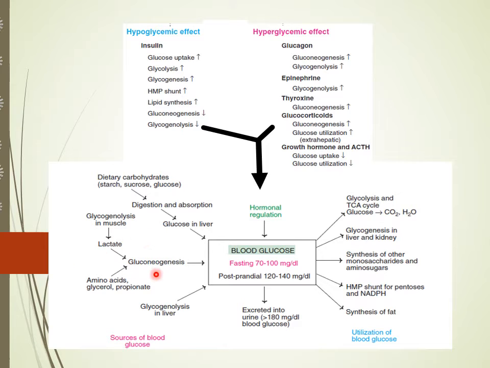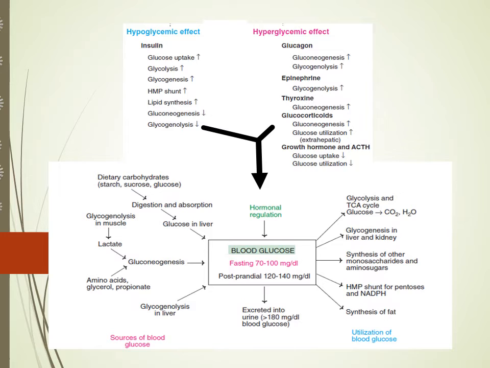Now if you look at the sources of blood glucose, you can see that the liver is the organ where glucose is produced and stored. Why is glucose stored in the liver? It is the metabolically most active organ of our body. So the glucose concentration of the pool would be high in the liver and in muscle.